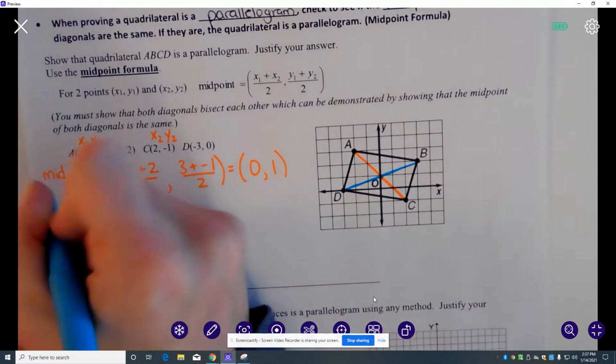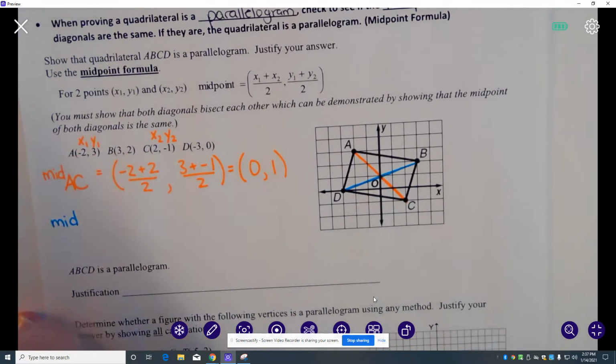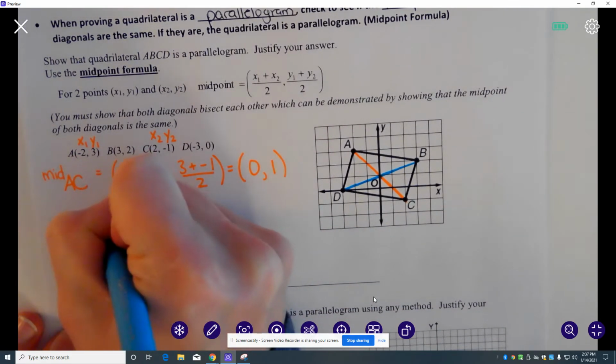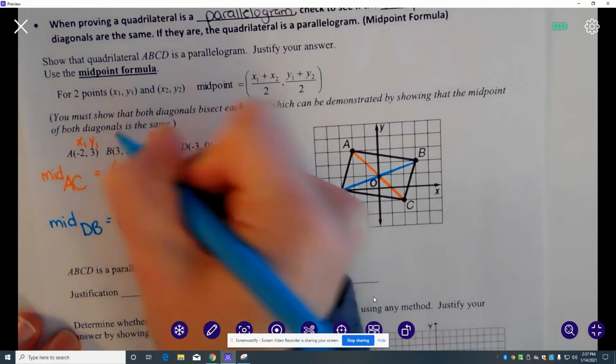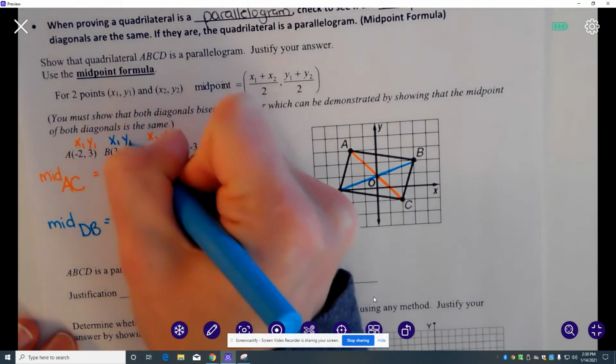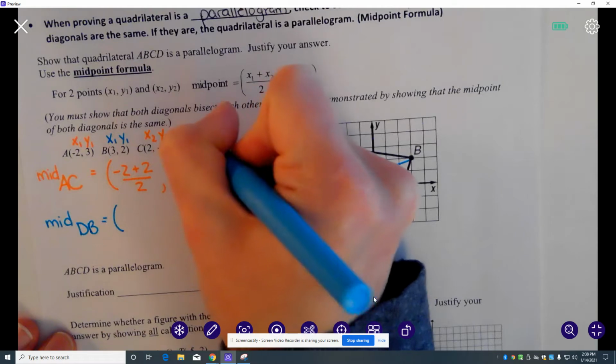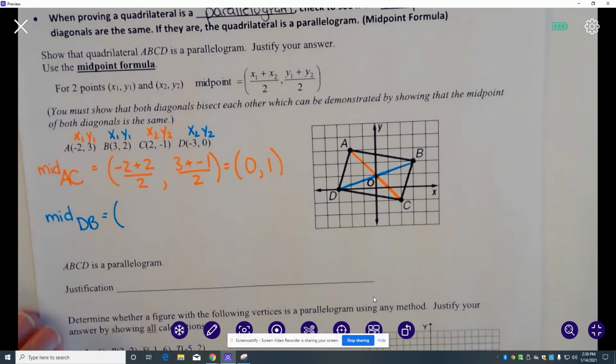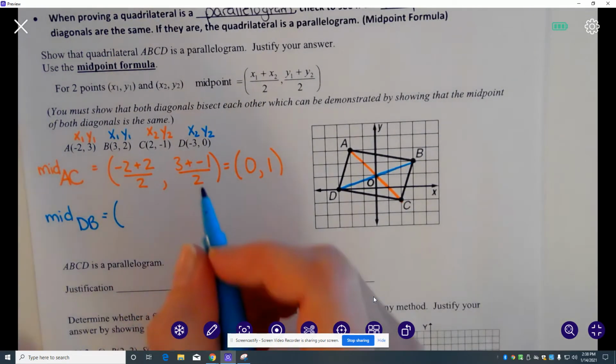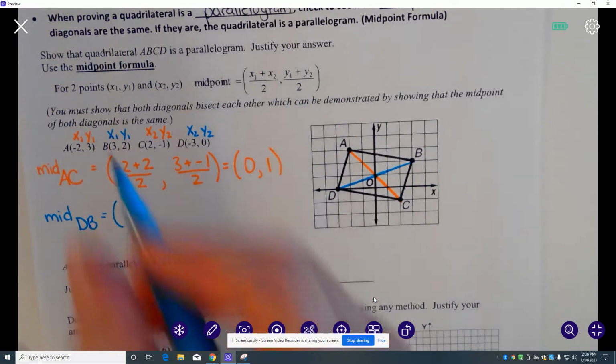Now we're going to find the midpoint of our blue diagonal, DB. This time I need to use the x and y coordinates of B and the x and y coordinates of D. Again, I'm going to plug these x and y values into my midpoint formula.